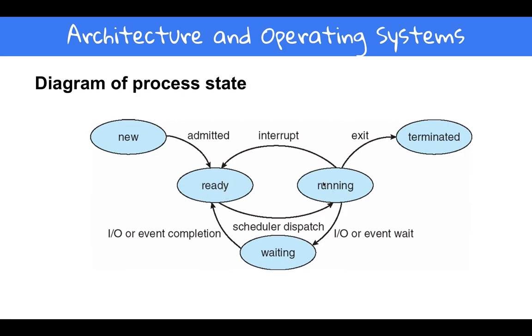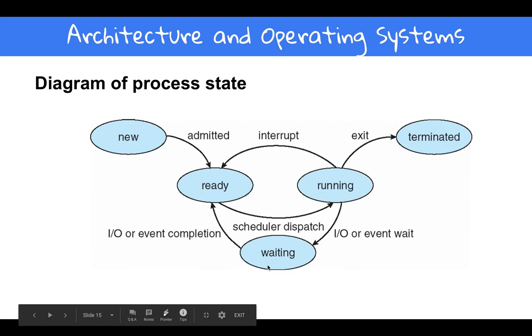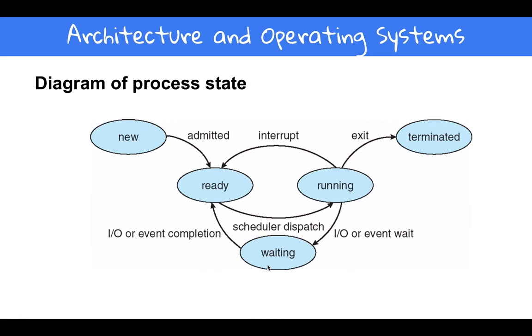So we are running, an interrupt comes, so we've got to take the CPU from the one that we were executing, give it back to the ready queue, execute that high priority process, and when it finishes, give the CPU time to that process again to be executed. So this is a very important diagram, and we are going to discuss in more detail how the scheduler works for such processes.